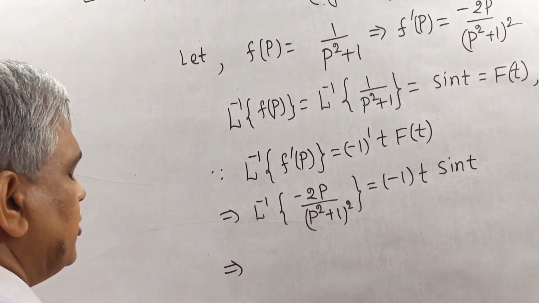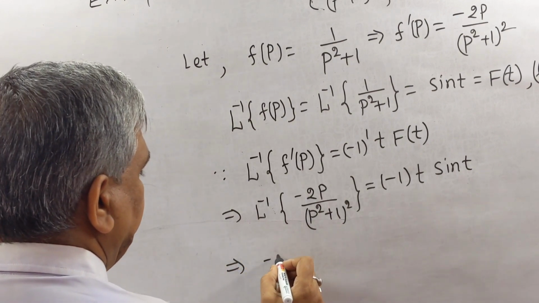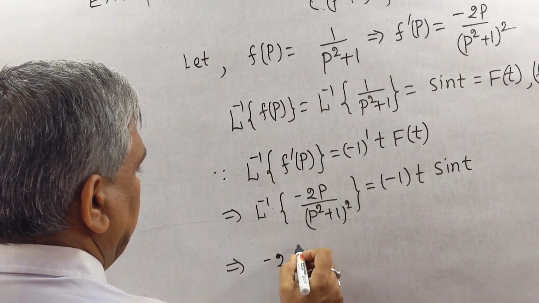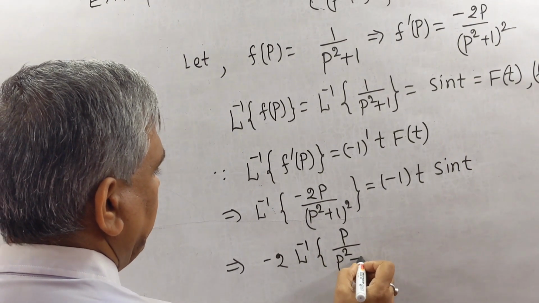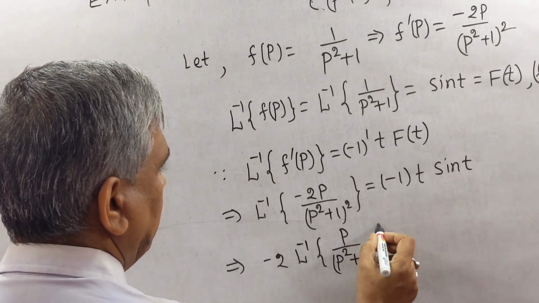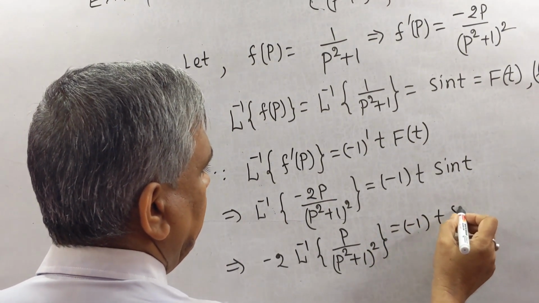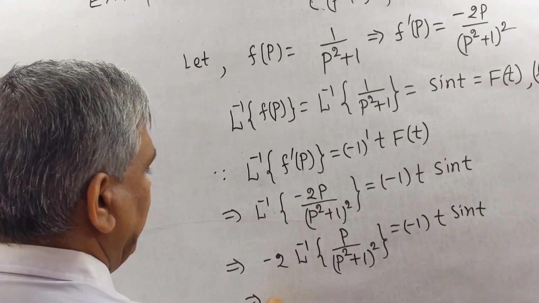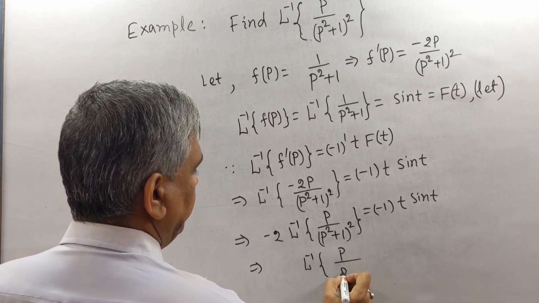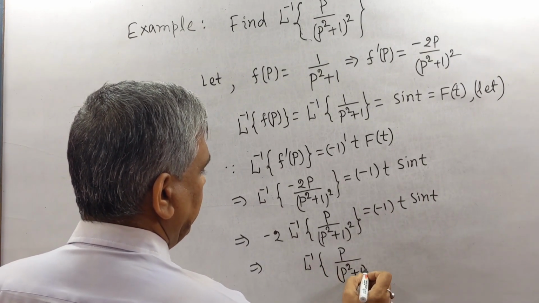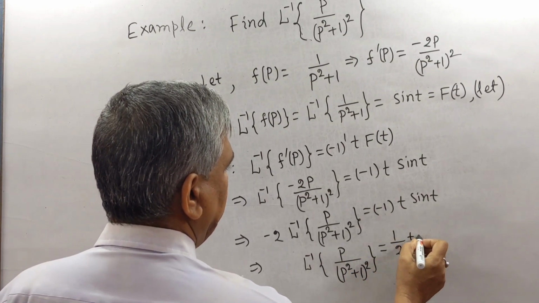Since inverse Laplace transformation is a linear transformation, we may take minus 2 outside: L inverse p by p square plus 1 whole square equal to minus 1 t sin t by minus 2, implies that L inverse p by p square plus 1 whole square equal to 1 by 2 t sin t.